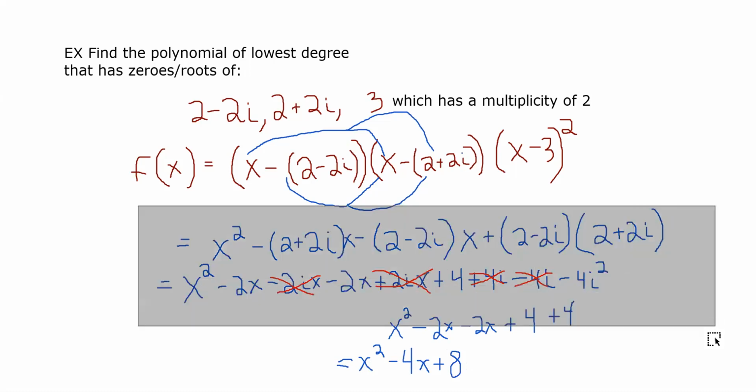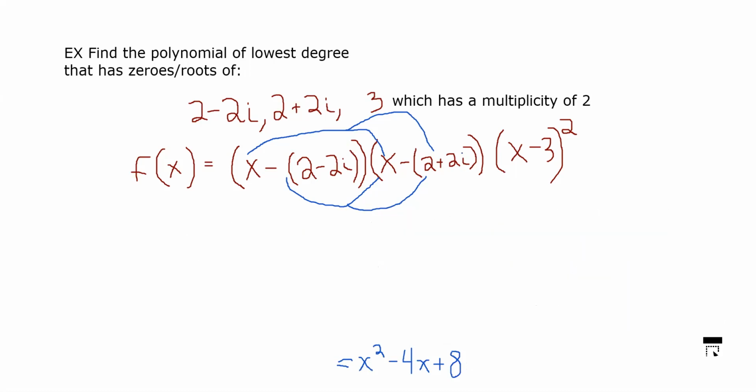So all of that is actually pretty cool, because this means that this entire polynomial here, we can start factoring it or start simplifying it like this. And we still have this x minus 3 squared.